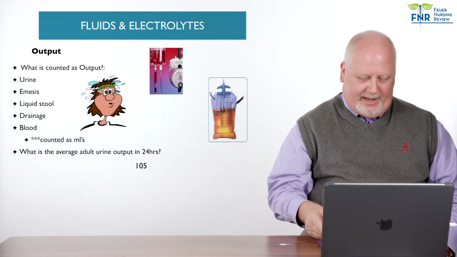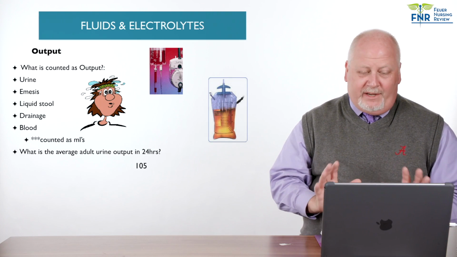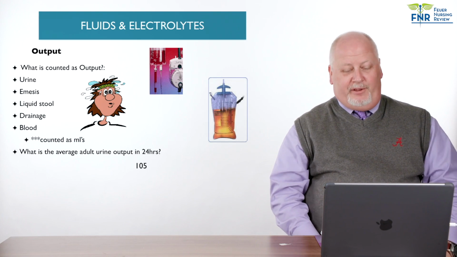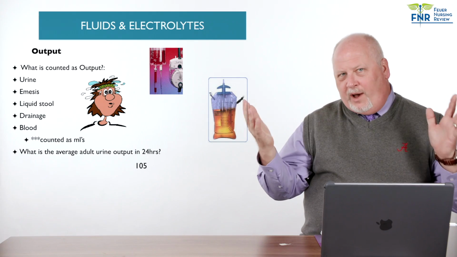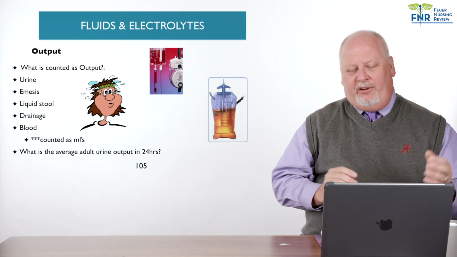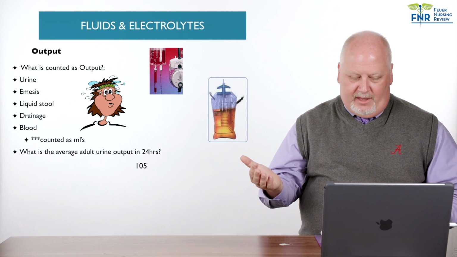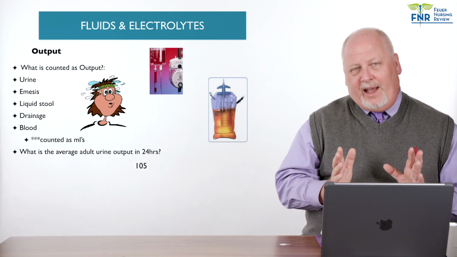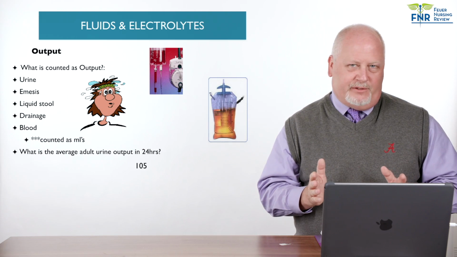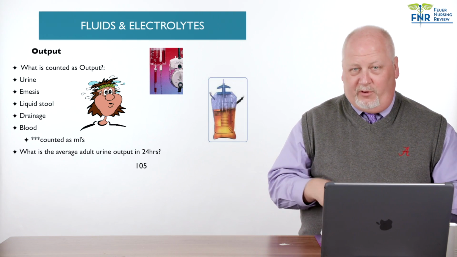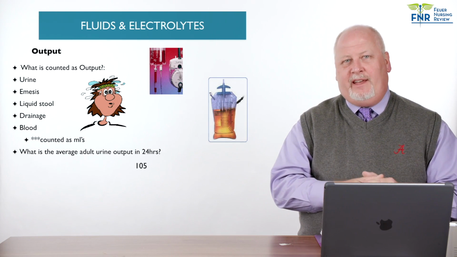So what is the average adult urine output in 24 hours? It's a pretty wide range, but usually 800 to 2,000 milliliters per day. The average, if you're looking at it per hour, is 60 milliliters per hour, or 1,440 milliliters in a day.